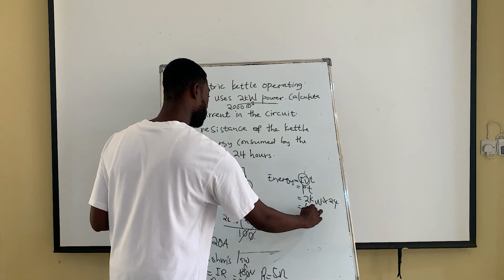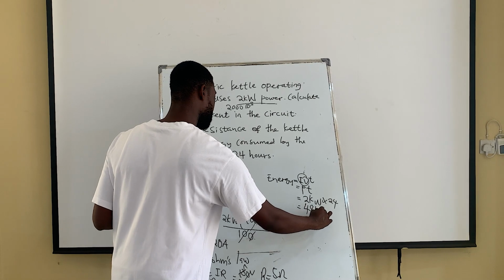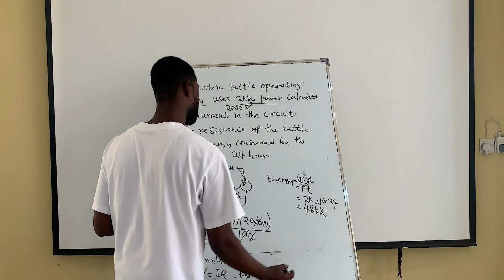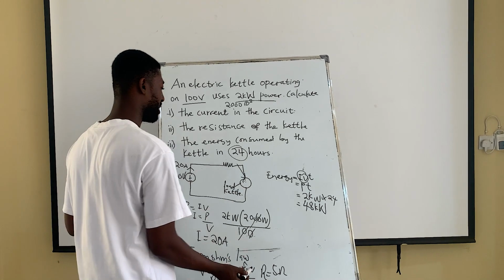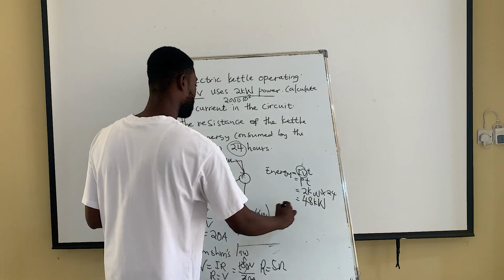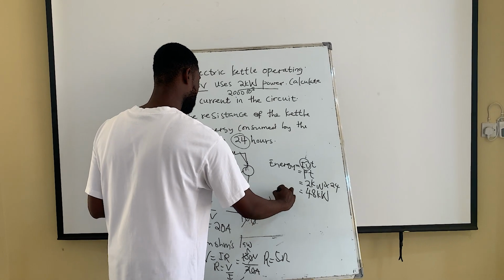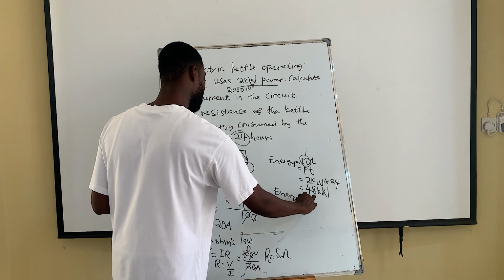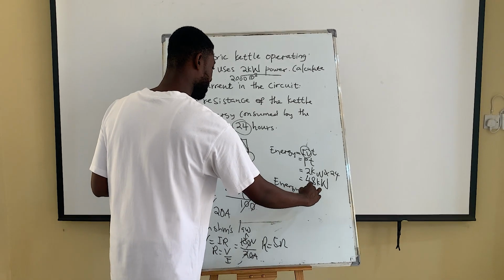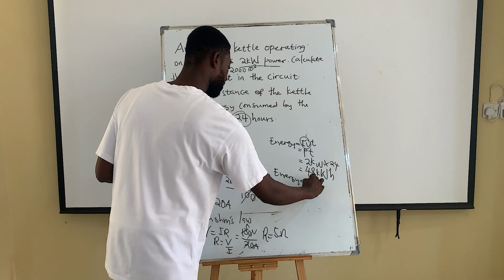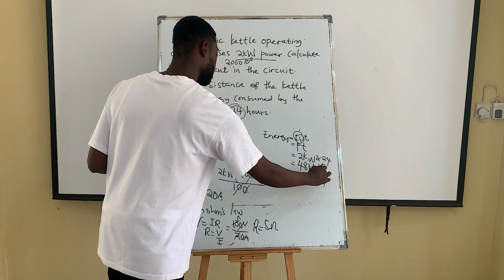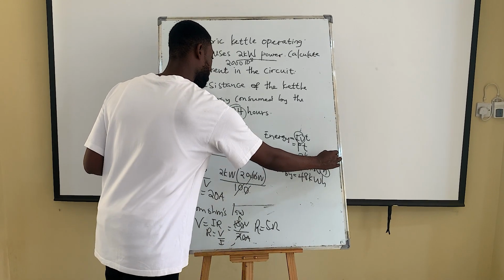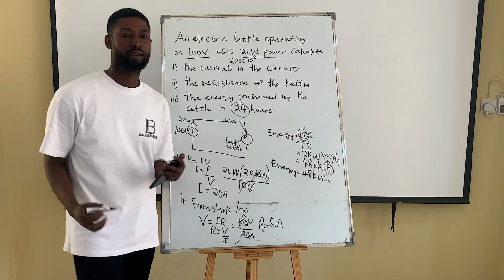So the energy consumed will be equal to 48 kilowatts. But you can also convert this 24 hours into what? Seconds. Then you multiply it by the power. It will still give you your energy. So the energy consumed within the 24 hours is 48 kilowatt hour. And the hour is coming from the 24 hours.